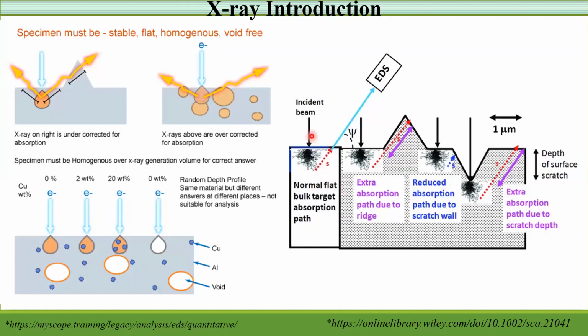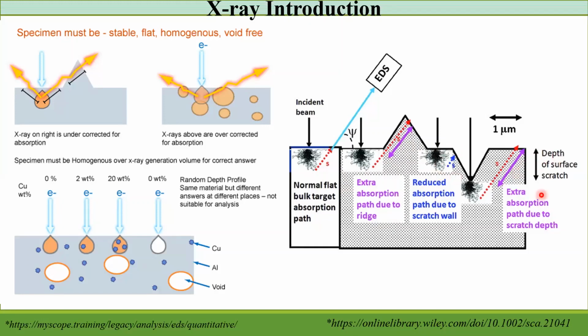Here, for example, there is an incident beam on the normal flat bulk target with its absorption path, but here there is an extra absorption path due to the ridge over this region, and again a reduced absorption path due to the scratch wall. If there are scratches, more absorption is possible over those regions.